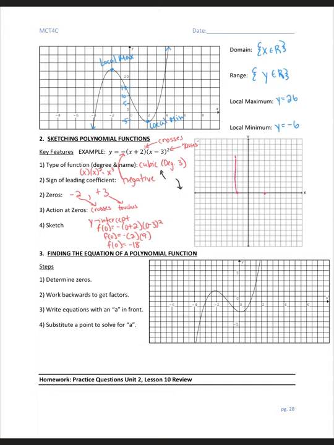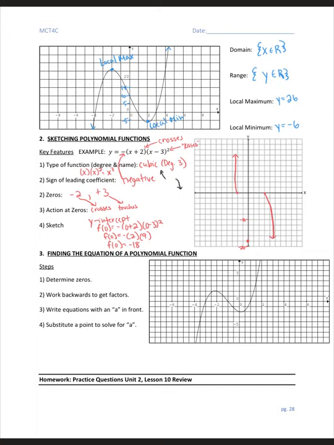We know we're going to be up to the left and we're going to be down to the right. All right, we also know our y-intercept. So let's let each of our y intervals go by -2. So say -2, 4, 6, 8, 10. So this is -10. And we'll say this one's -20 down here. So then I can plot my y-intercept at -18.